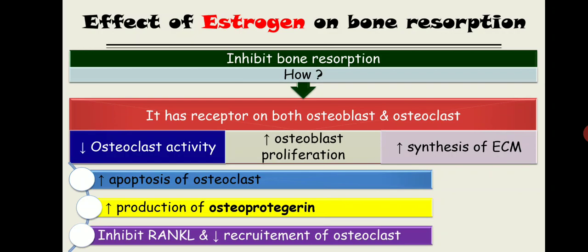Second one, it decreases the production of new osteoclasts. It decreases the differentiation of monocytes into osteoclasts via increasing the production of osteoprotegerin. That osteoprotegerin will competitively bind with the RANK receptor that is present over the monocyte and decrease the conversion of that monocyte into the osteoclast and decrease recruitment of the osteoclast.